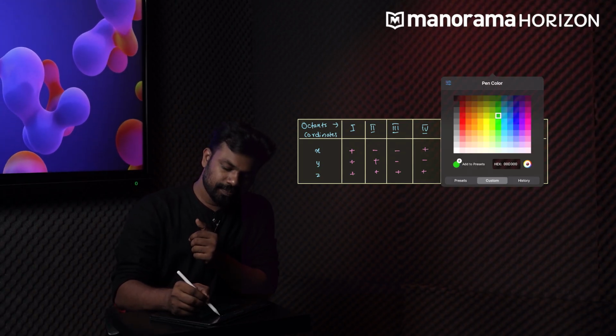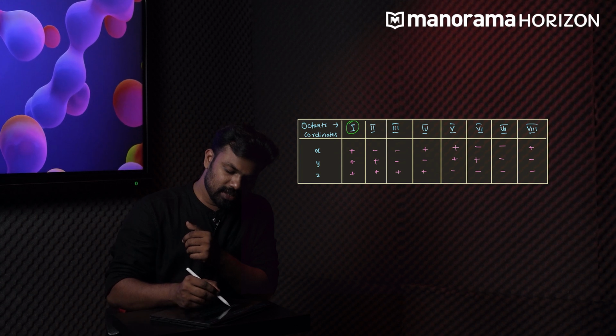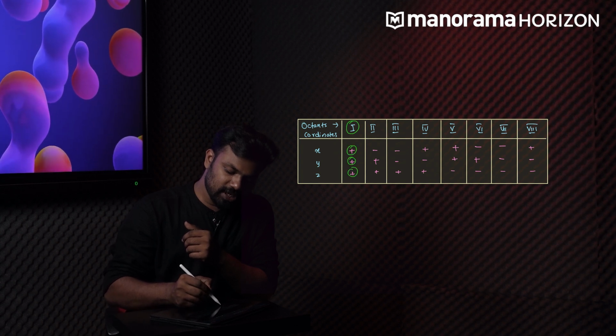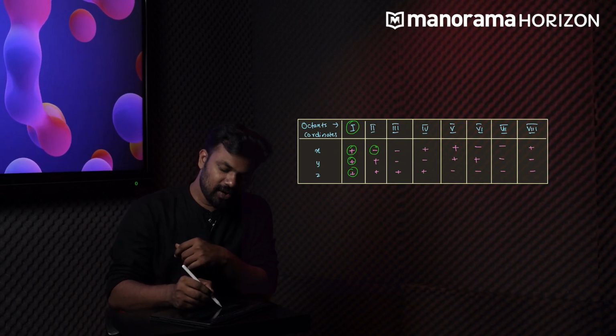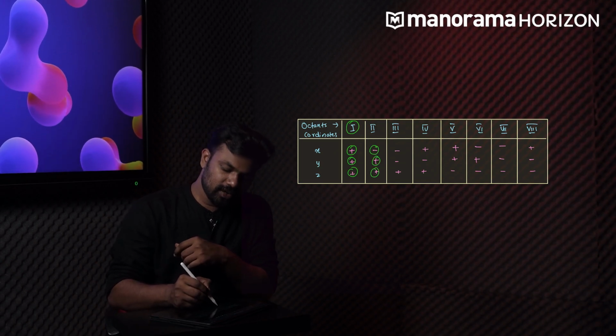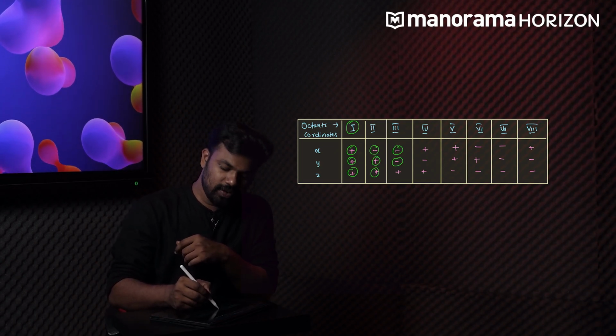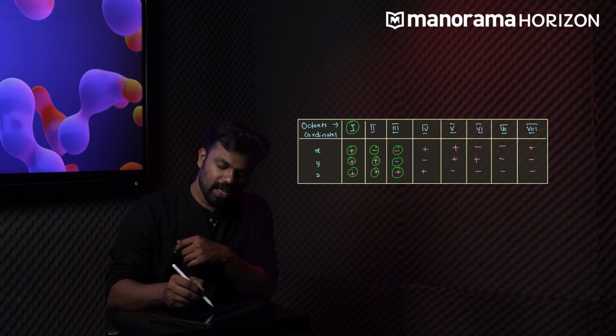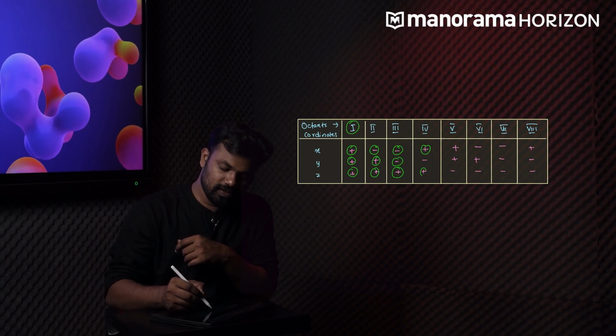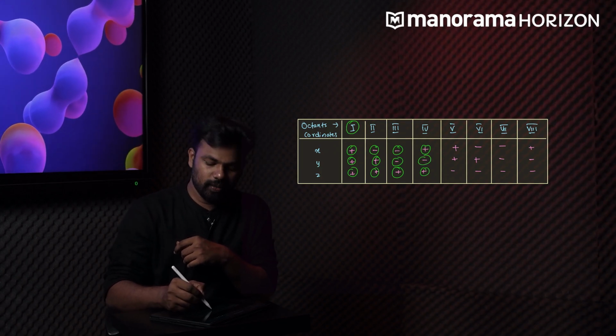You can see that in the first octant all 3 coordinates x, y and z are positive. In the second octant, x is negative, y and z are positive. In the third octant, x and y are negative and z is positive. In the fourth octant, x and z are positive and y is negative.